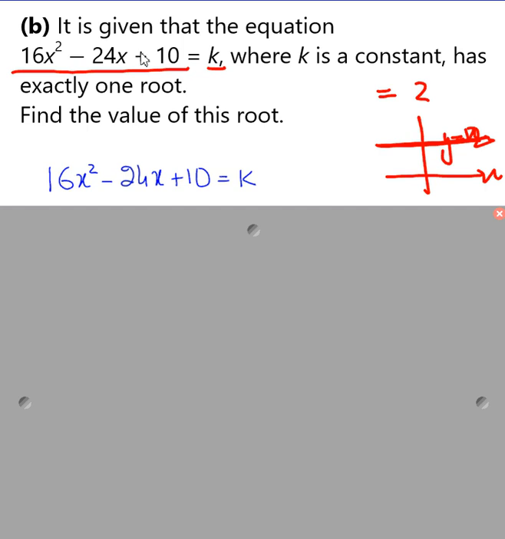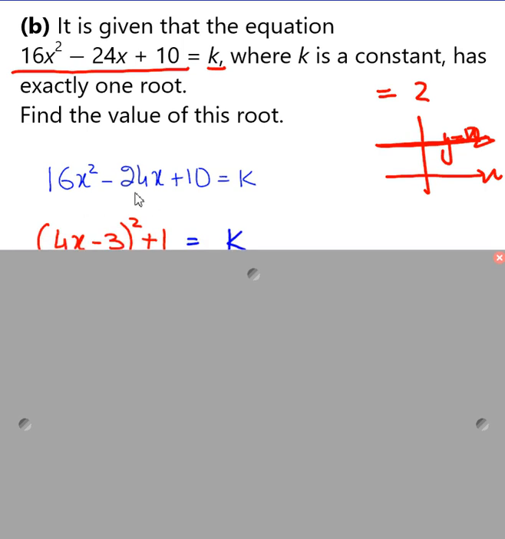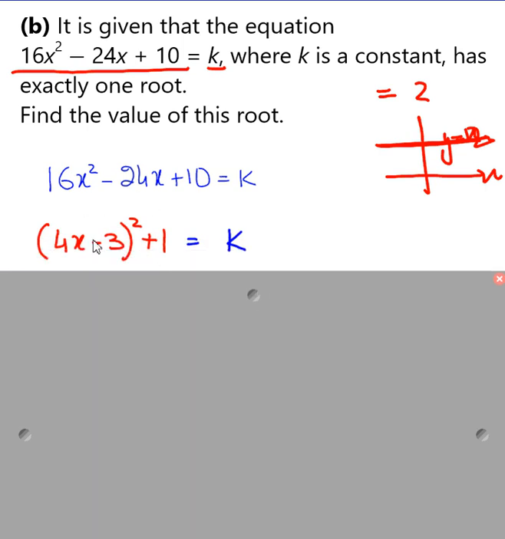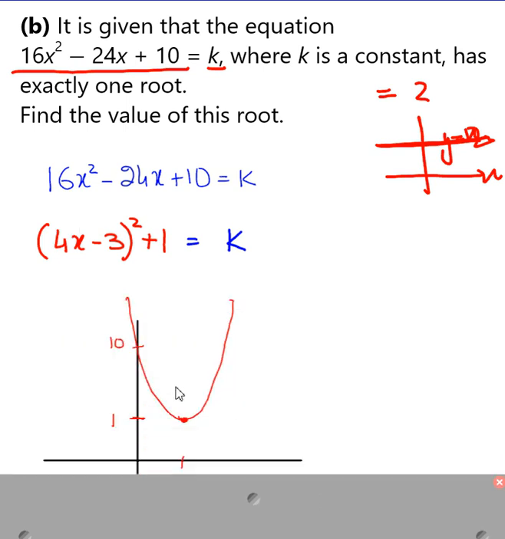Now question is saying given this curve and this line, I'm saying line because I know it's a line. If it is -1, it will be below the x-axis. So this line and this curve is intersecting at one point because they have exactly one root. So intersection is happening at one point. So what will I do here? I have changed this into completing a square form, and this gives me very clearly the shape of the curve, which is something like this, right?